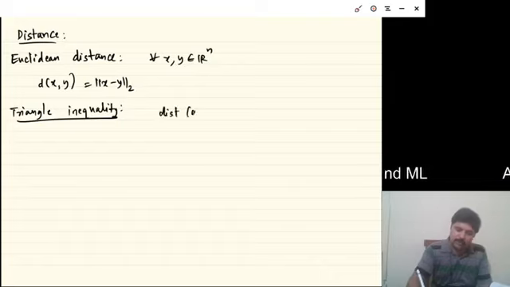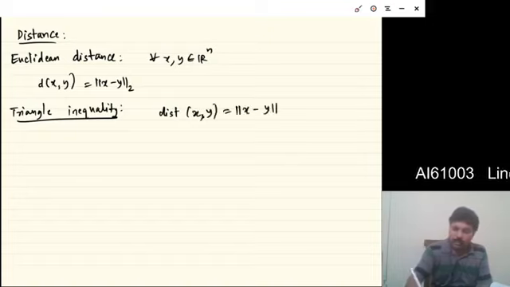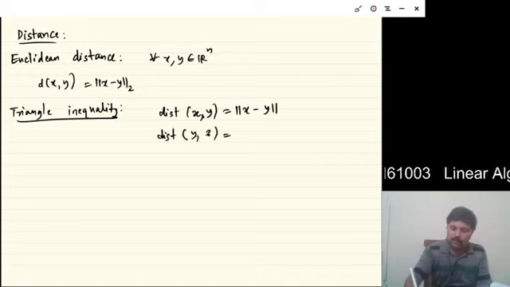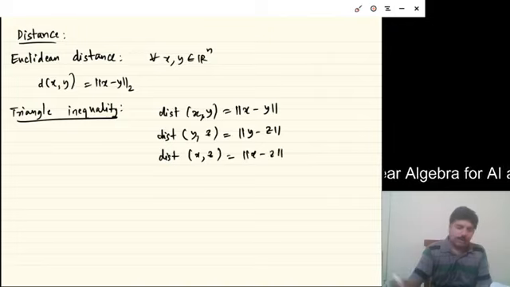Distance between two vectors x and y is norm of x minus y. Distance between two vectors y and z is norm of y minus z, and distance between x and z is norm of x minus z, right?